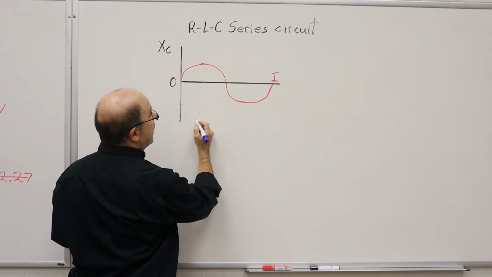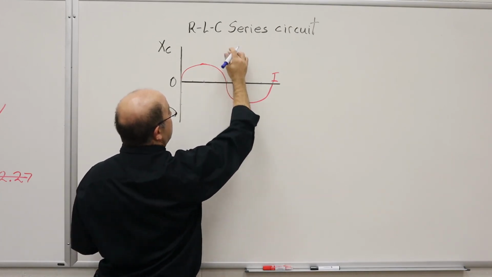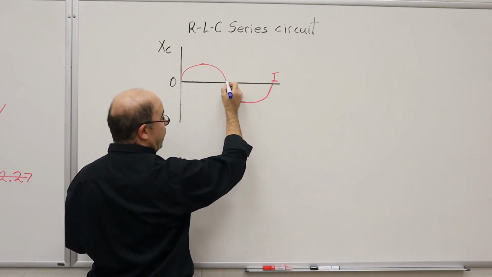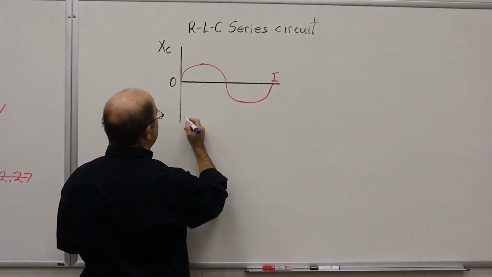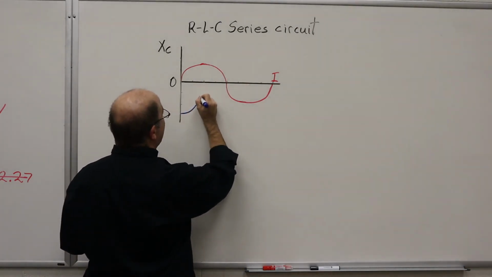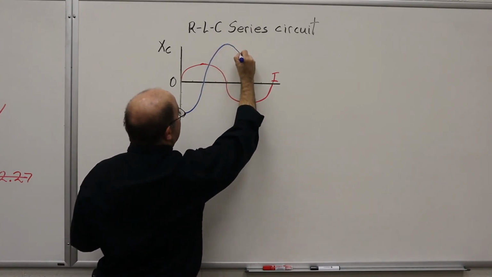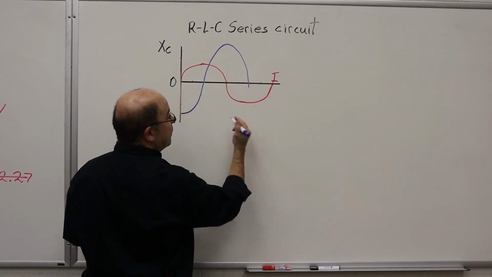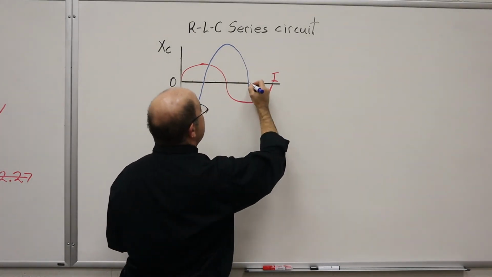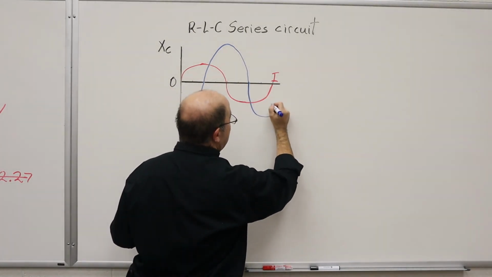It's going to cross at 90, peak up here when the current waveform is at 0, and then continue on the same trend. So if I start from here, peak, come down at 90 degrees, I'm maintaining that phase angle difference of 90 degrees and continue on.